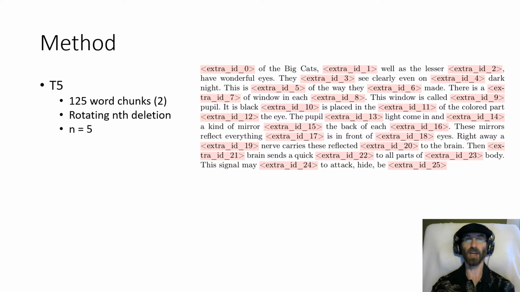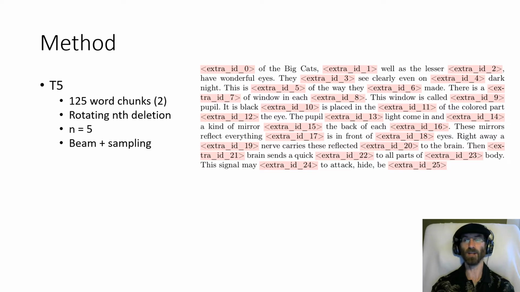We used rotating nth deletion, where n equals 5. First we would blank the first word, and then the word 5 later, and do that all the way through. Then we would start on the next word and blank it through. By the time you've done this, you've blanked out every word, so every text was processed 5 times, and those were averaged together.